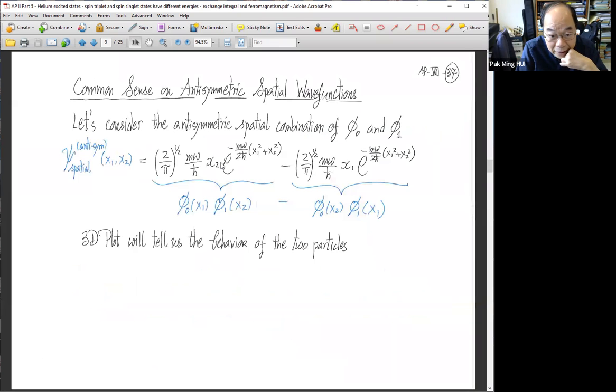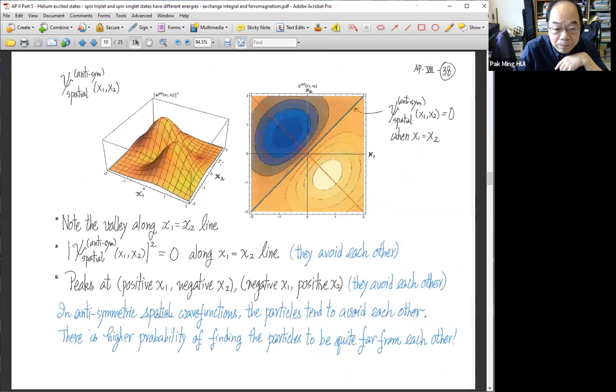In contrast, if we construct an antisymmetric spatial part and plot the same thing, most noticeably, if you go along the diagonal line, this is the x1 equals x2 line, the wave function is 0.